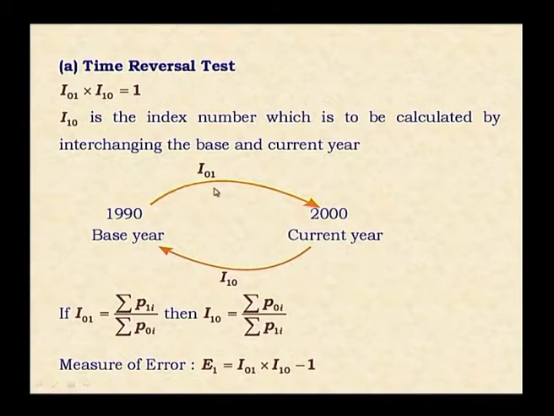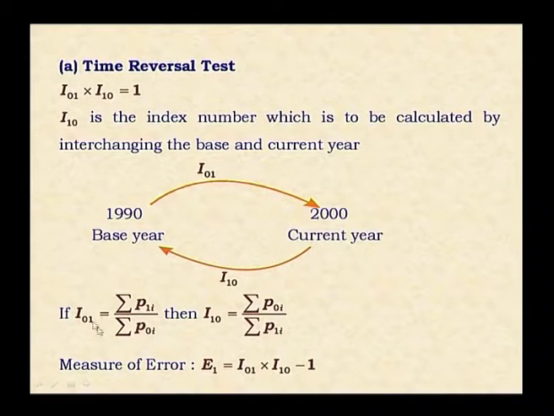Say, for example, here we can see that for I01 in this figure the base year is 1990 and the current year is 2000, whereas in case of I10 the base year and current year are interchanged.